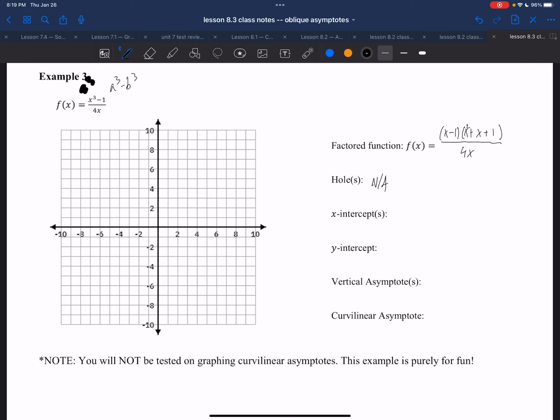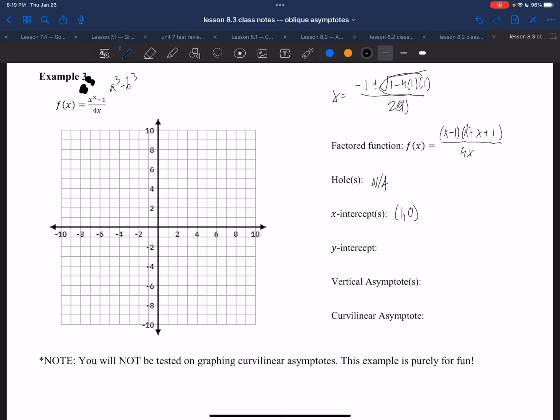X-intercepts. Okay, all right, let's see. Well, I know I'm going to have one at (1, 0). But to figure out when this is 0, that's quadratic formula. X equals negative b plus or minus the square root of b squared minus 4ac, all over 2a.